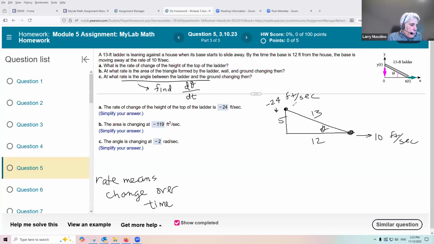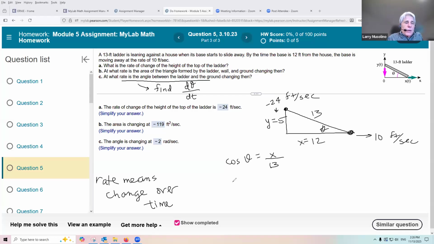All right, how about if we start out writing an equation for theta? And maybe this is y and this is x. How about if we write cosine theta is equal to x over 13, right? x over the length. I could use sine. I could use tangent. It's up to you.